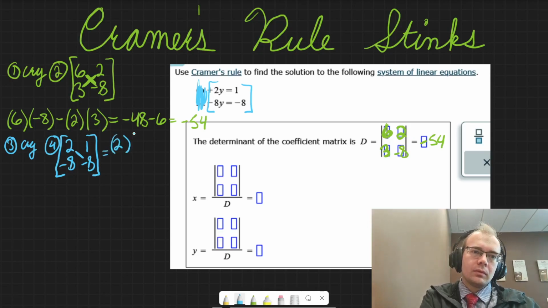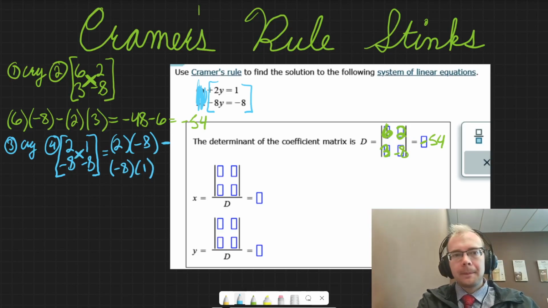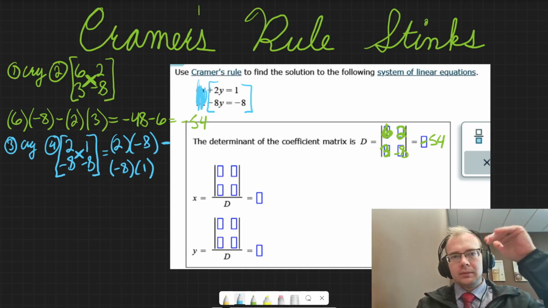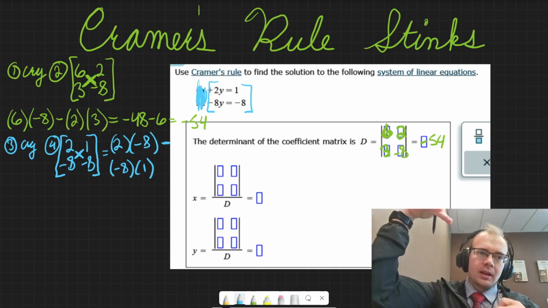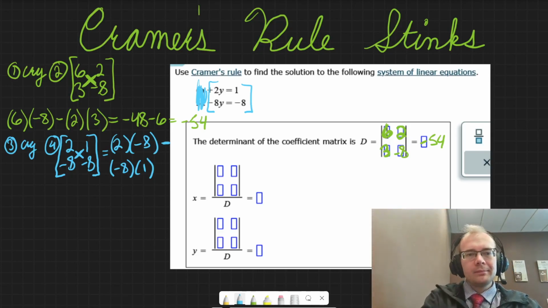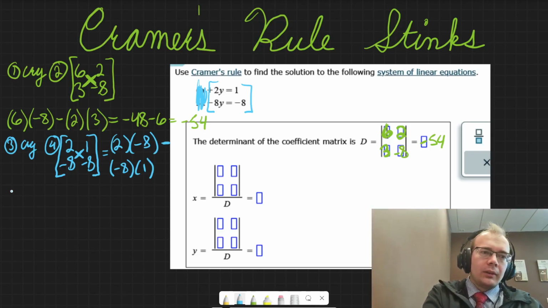And then we're going to minus negative 8 times 1. Right? So crisscross. It's like top left to bottom right, and then you circle around and go top right to bottom left. One way to think about it. All right, so what would that even be?